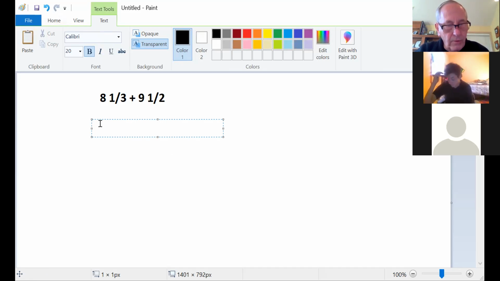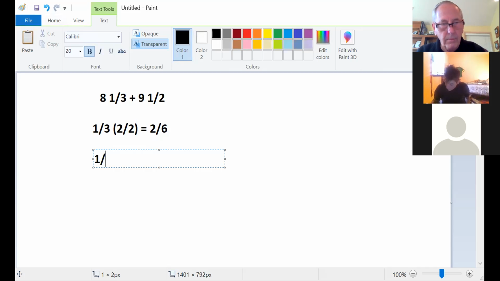So I want to turn the 1/3 into sixths, so I have to multiply the top and bottom by 2. Then I get 1 times 2 divided by 3 times 2, or 2/6. And I have to do the same thing with the 1/2. I have to multiply the top and bottom by 3. So then I get 3/6.